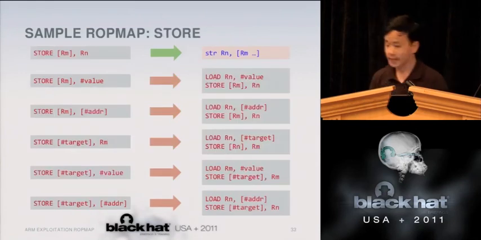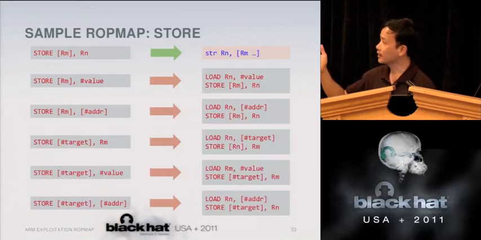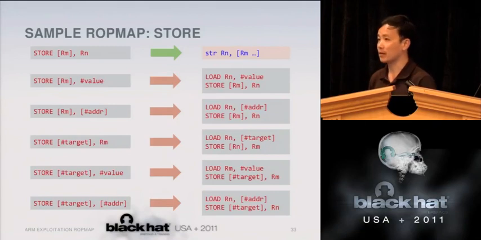For example, for the store instruction, it's just a super instruction. So we will only have one map for the store instruction, to store a register to memory referenced by register.